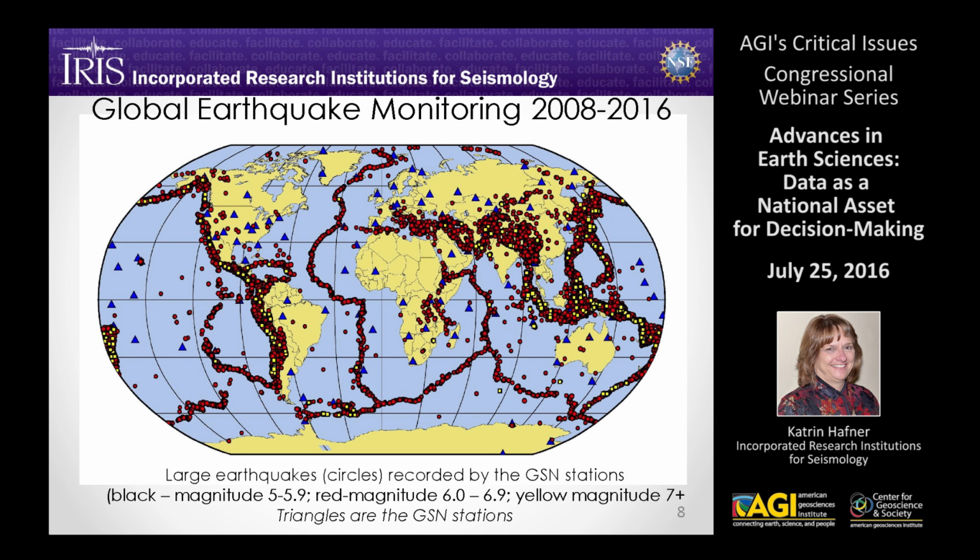The triangles represent the locations of the GSN stations, and the purpose of this network is really to capture the large earthquakes around the world. It's not so much for local or regional seismicity, because there are a number of seismic networks that already do that.